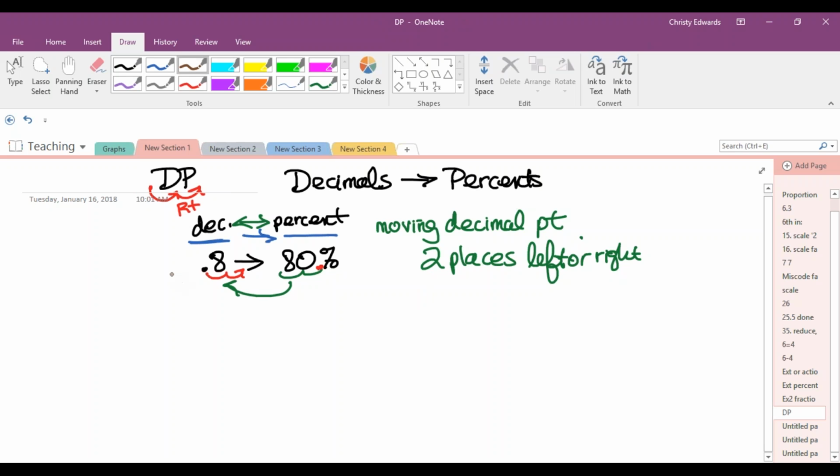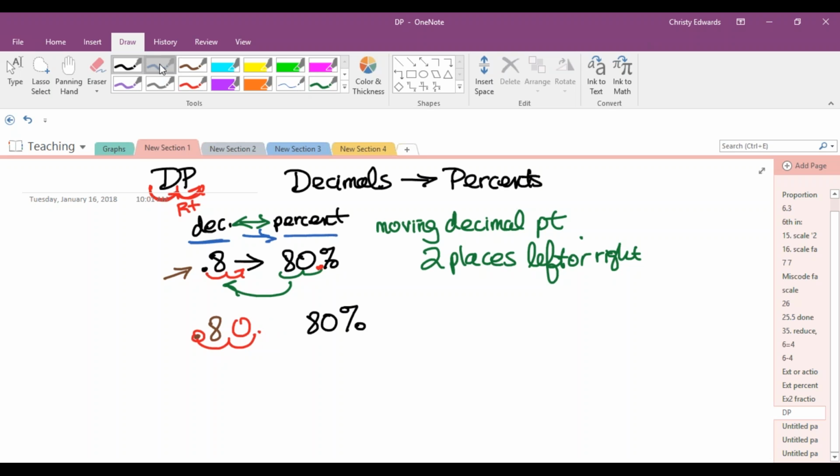Does that work with what Ryan did with the 0.8? Go to your actual number, put your pencil on the decimal and go 2 places right. Don't you get the percent? And then you add the percent symbol. You say 80%.